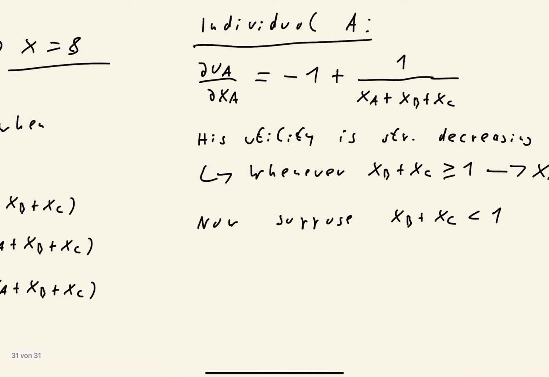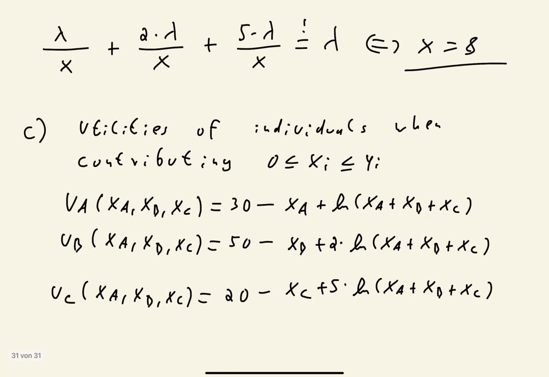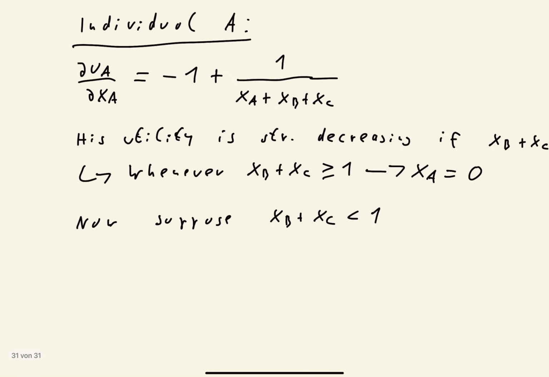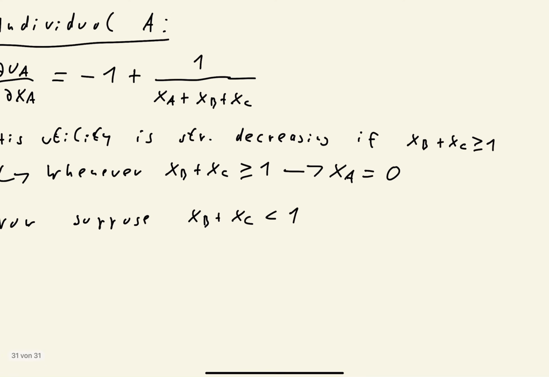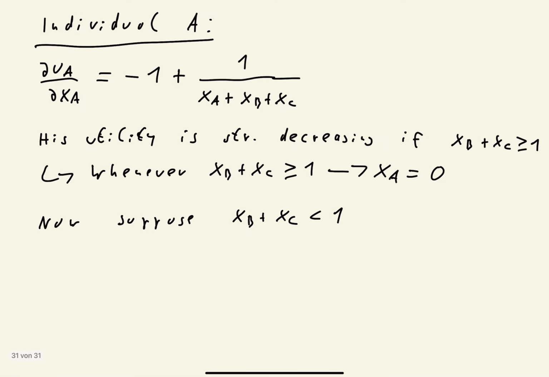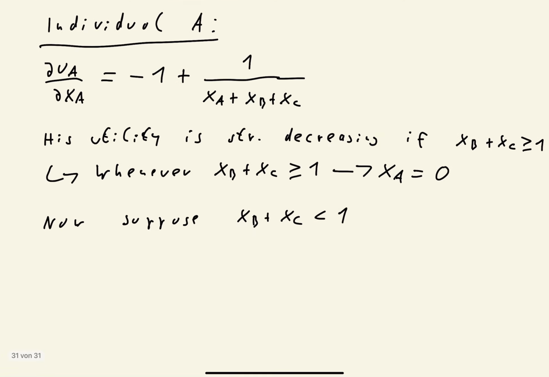But if you take a look at the utility function, what you need to have is that the sum of the individual contributions should still be smaller than 1, because if it's not strictly smaller than 1, then the marginal utility would be negative. Sorry, the utility would be decreasing because the marginal utility is strictly negative.